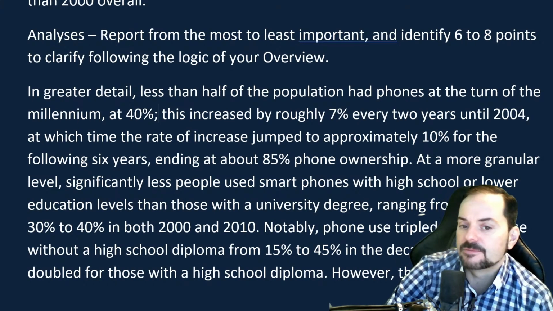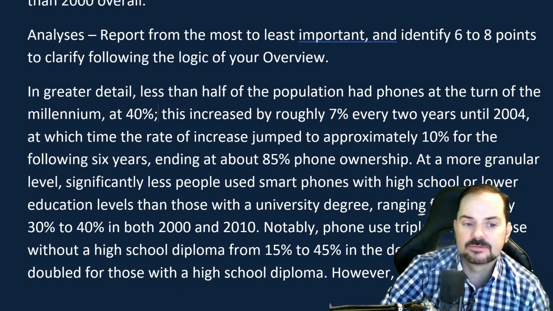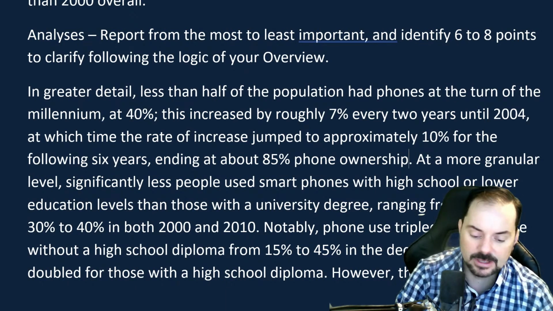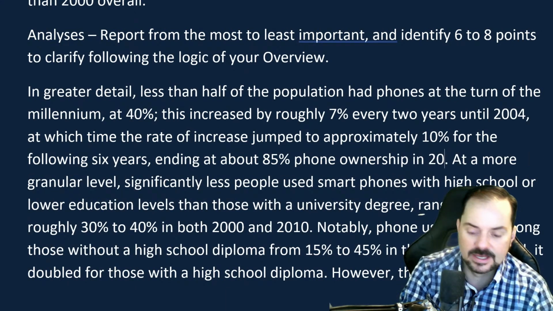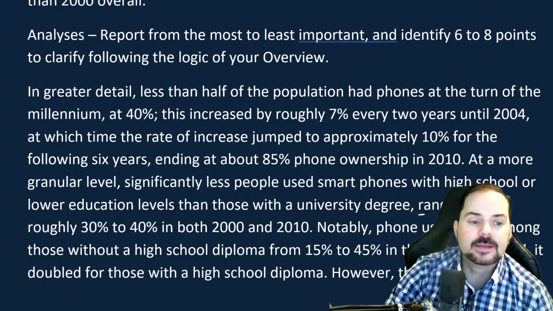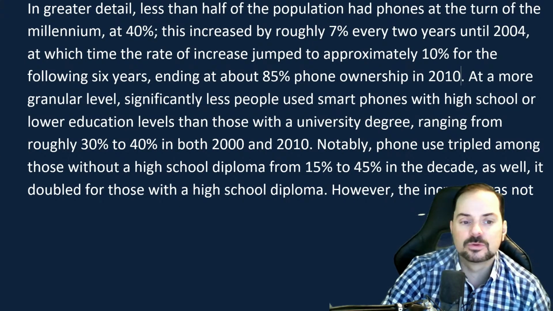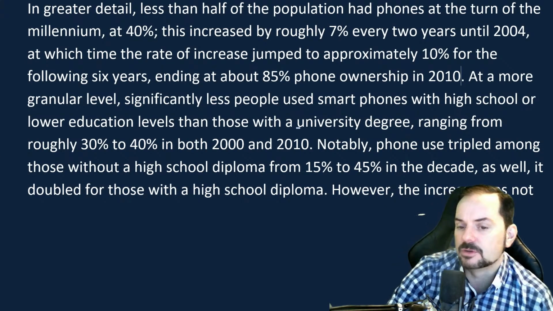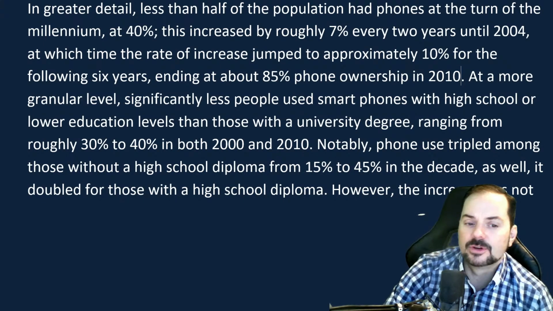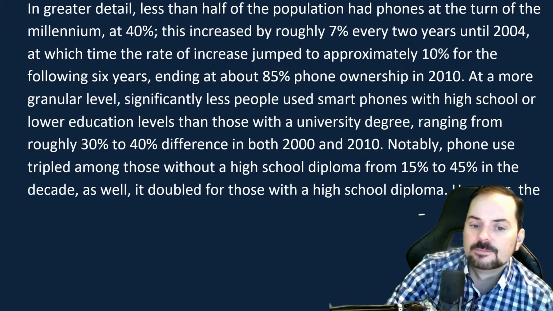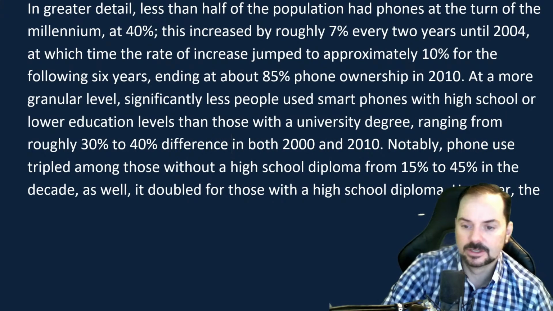So this increased roughly 7% every 2 years until 2004, at which time the rate of increase jumped to approximately 10% for the following 6 years, ending at about 85% phone ownership in 2010. At a more granular level, significantly less people used smartphones with high school or lower education levels than those with a university degree, ranging from roughly 30 to 40% difference in both 2000 and 2010.